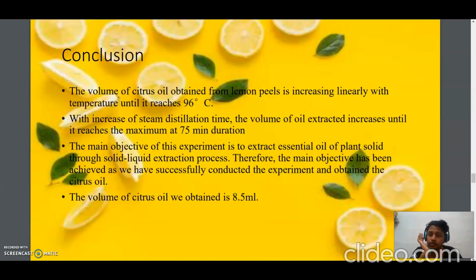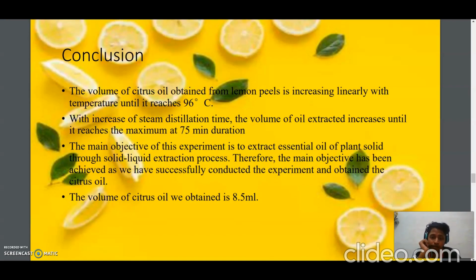For the conclusion, the volume of citrus oil from the lemon peels increases linearly as the temperature increases until it reaches 96 degrees Celsius. With the increase of steam distillation time, the volume of oil extracted increases until it reaches the maximum at 75 minutes duration.